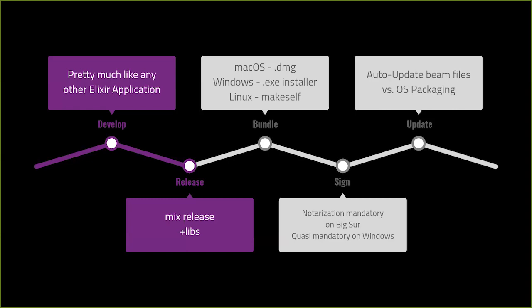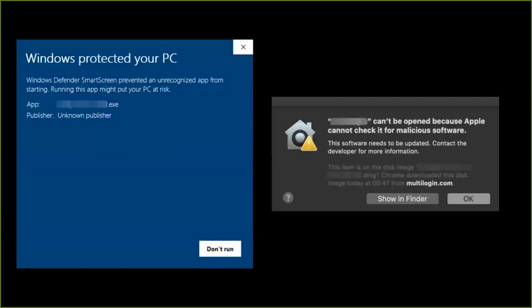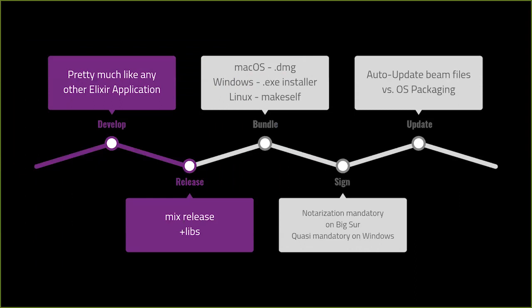Then people get stuck on this screen where it says Windows protected your PC, and you have no option to go anywhere. But all of that can actually be automated. Right now, it's partially documented. Some of that you find in Wings 3D, but this is really down the road where I want to get to with Elixir Desktop.